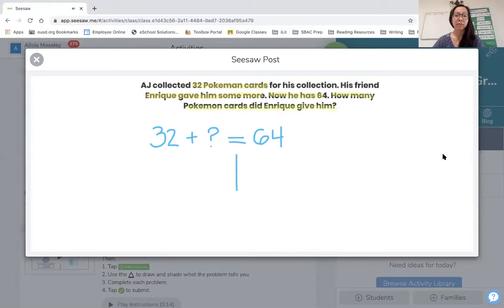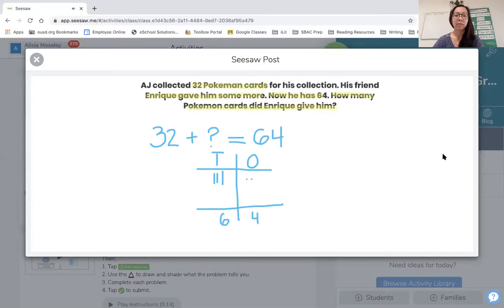Let's start with our place value chart. Let's start with our 32 Pokemon cards that AJ had to begin with. 1, 2 ones, and 1, 2, 3 10s. Then let's go to our sum, the amount he has now. He has 64 Pokemon cards now. Let's add to find out how many cards Enrique gave him.